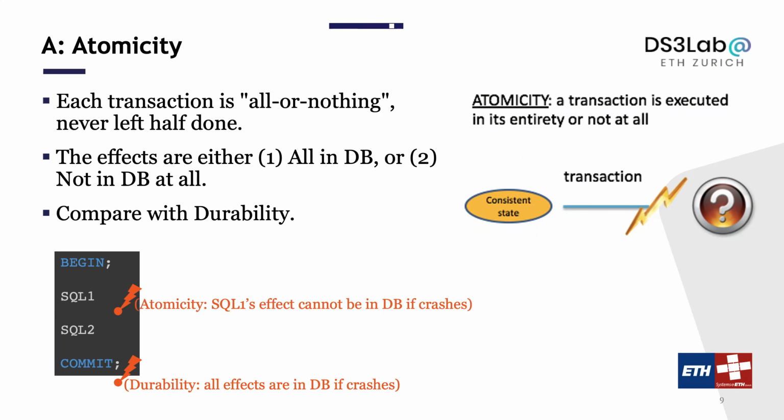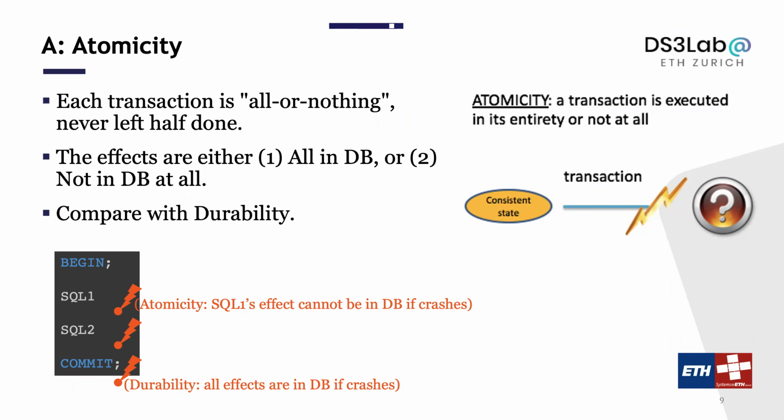Atomicity means that if you recover the system from this failure, you can only have one state where SQL1's effect will not be there. Meaning that when you recover the database from the failure, you will have a database as if this transaction never happened.